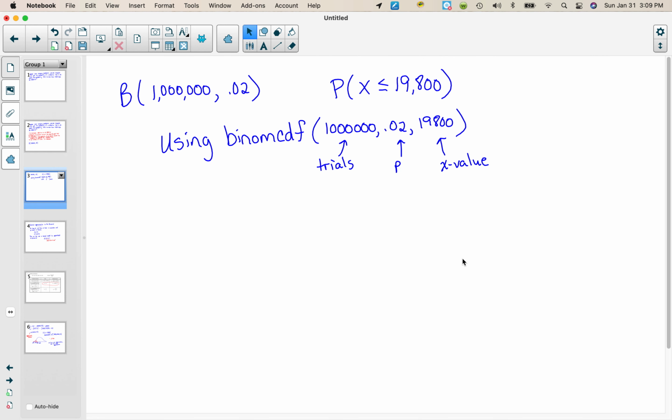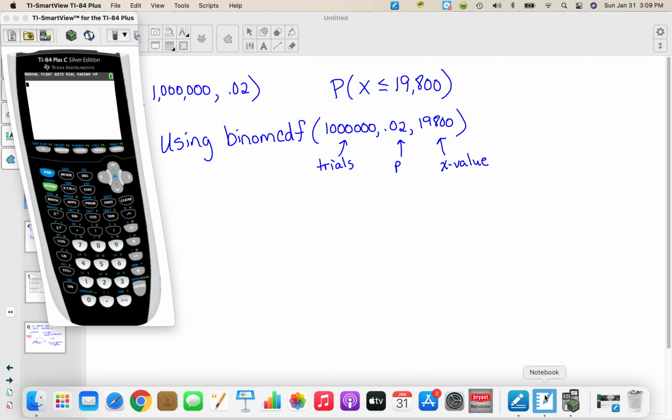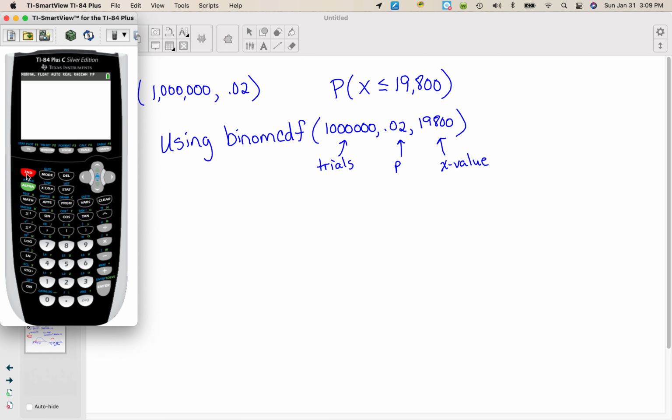So let's look at this. We want the probability that no more than 19,800 chips are defective. So then I'm going to use binomial CDF. If I grab my calculator to try this, second distribution, I'm going to do the up arrow because it's a little shorter. Binomial CDF.